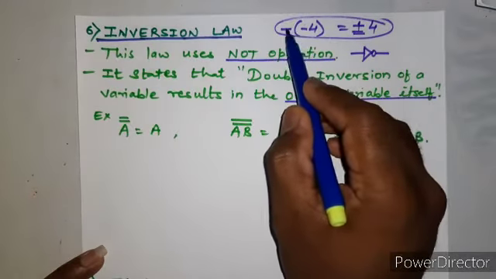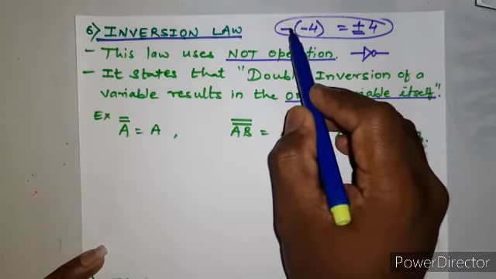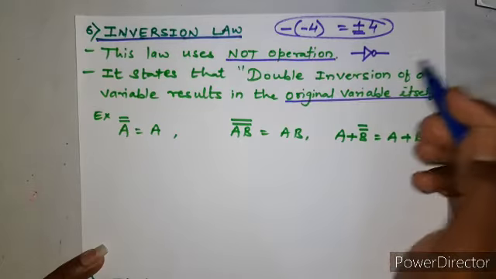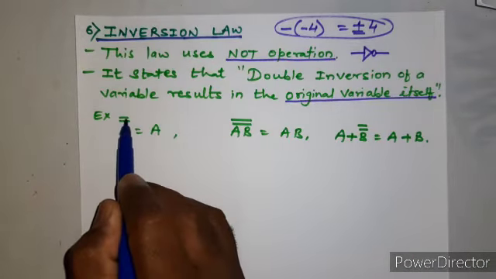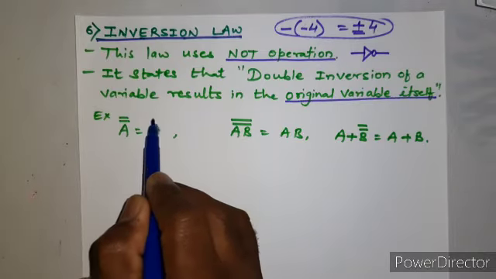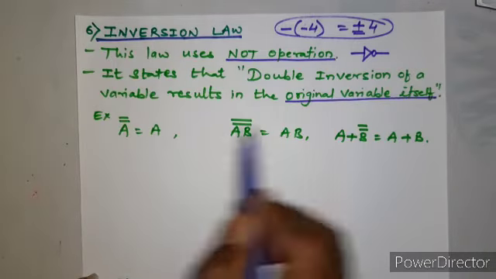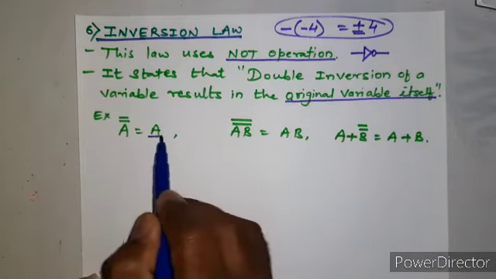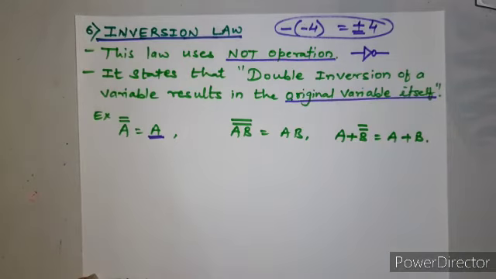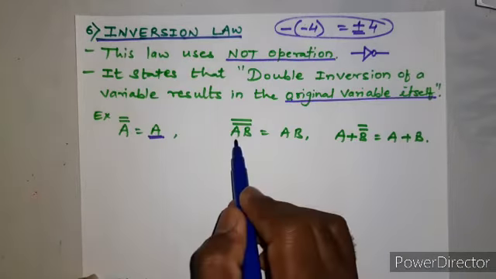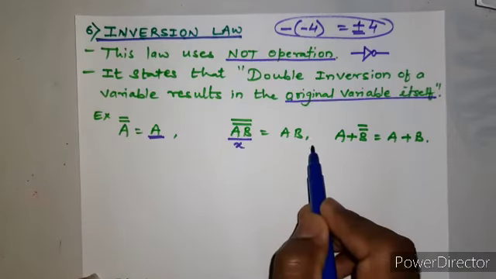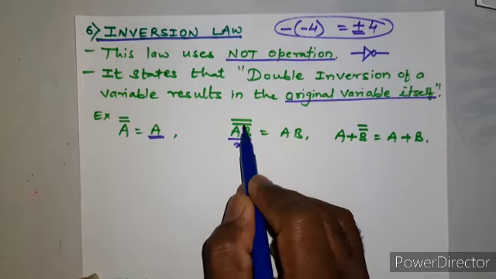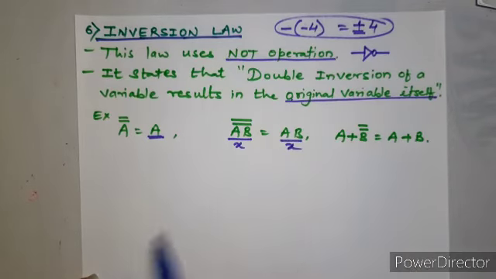So we have taken minus of minus 4, and this minus minus becomes plus. So for double inversion, for example, A double inversion: this minus minus becomes plus, which is the original variable itself. If I have the term x, then x double bar will give you x.